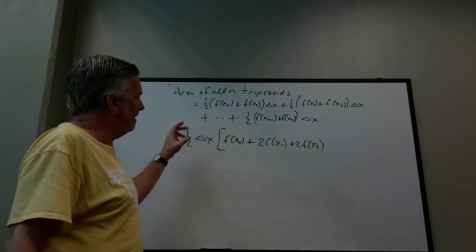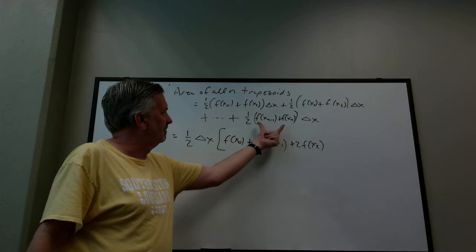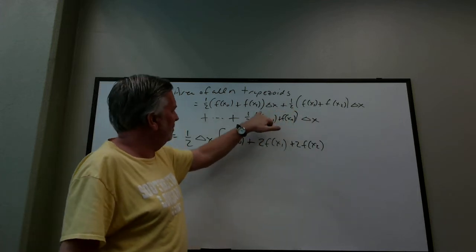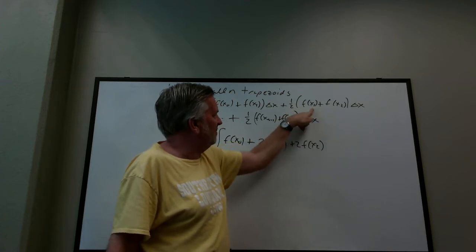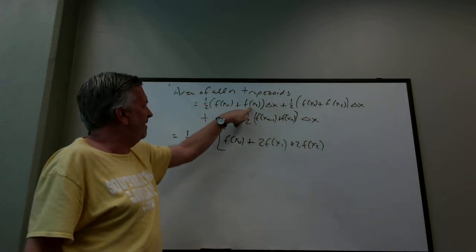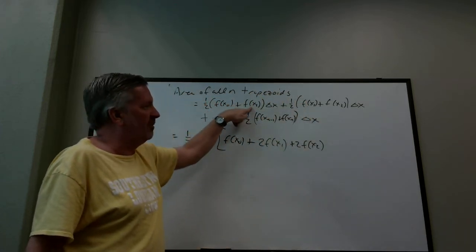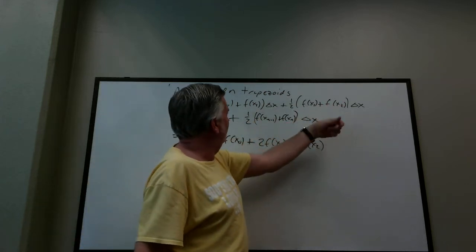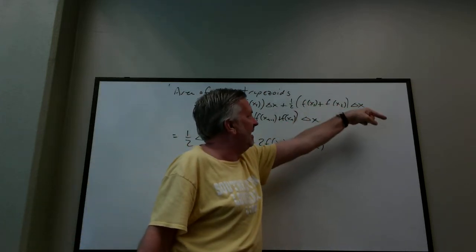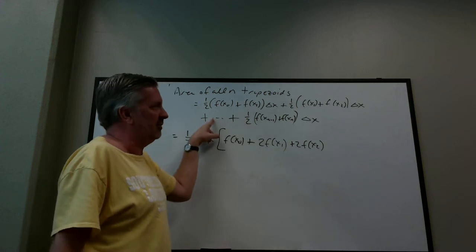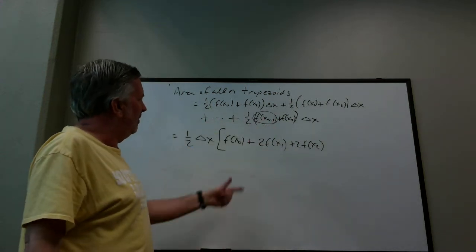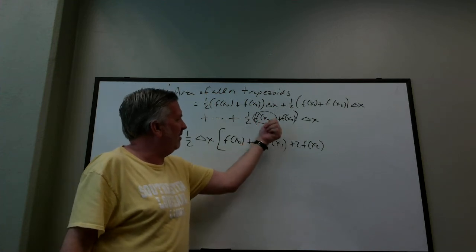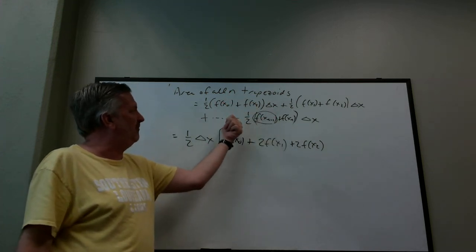And when you keep going, let's look at the last one. Well, let's look at the f of x1 again. Notice when I have f of x1 as the first term of the sum, realize there's an f of x1 as the second term of the one right before. And here, f of x1 was the second term, so the next one, f of x2, is going to be the first term. So where's f of xn minus 1? Well, that's the first term here, so be aware it's going to show up in the term right before.